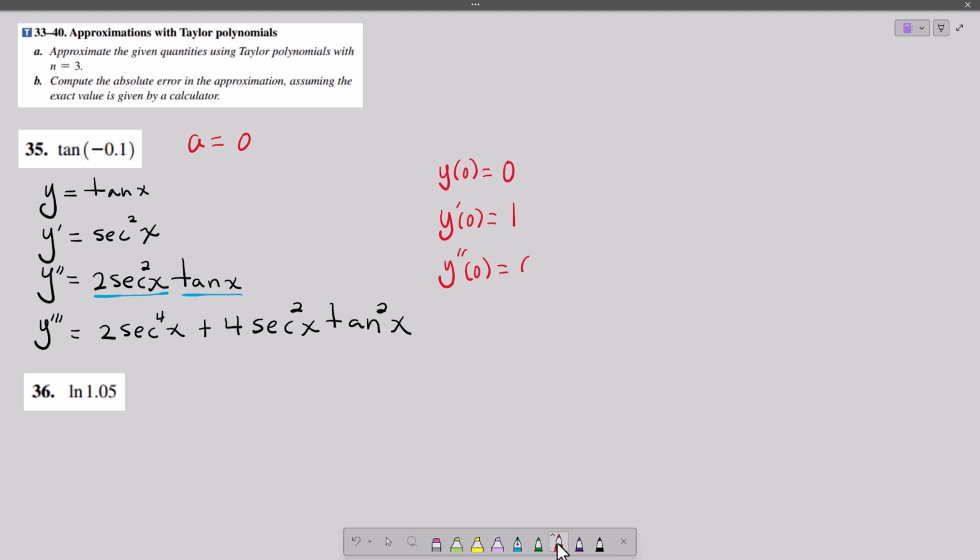So that's going to be gone. And then the triple prime evaluated at 0. The tan part's gone. Tangent of 0 is 0, so this term would be gone. Secant of 0 is 1. 1 times 2 is 2. So there are our coefficients. Or at least the building blocks for our coefficients. We have to do the division by the factorial thing when necessary.